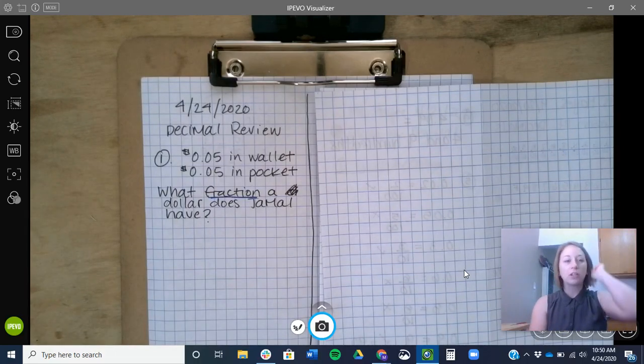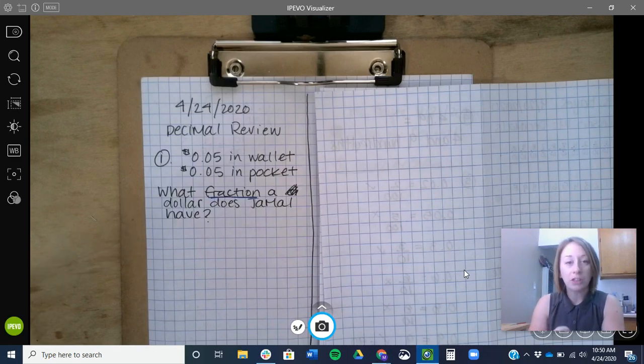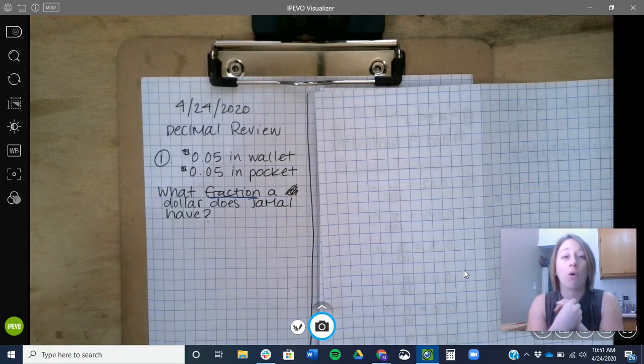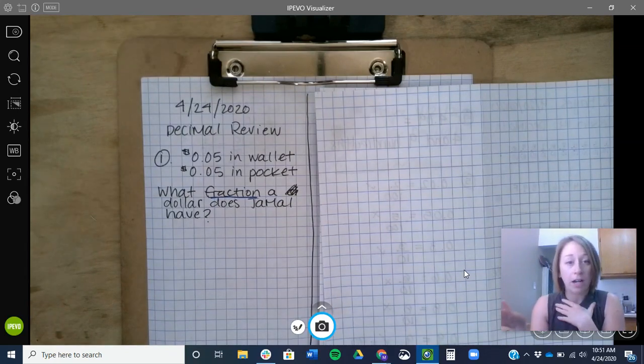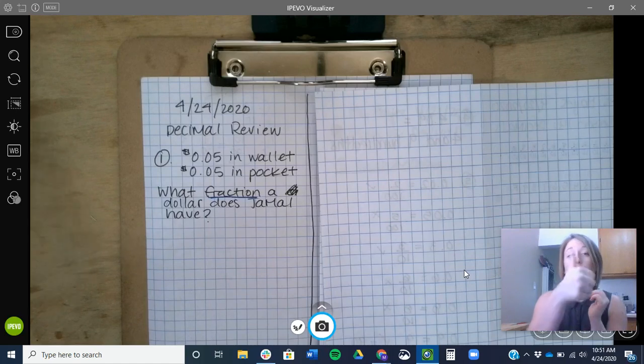Now, let's talk a little bit more about fractions, or more specifically, what we know about fractions. Fractions are numbers. That's right, numbers. And they're numbers that usually have a value of less than 1 whole. However, there are fractions that we have seen throughout the school year, such as improper fractions and mixed numbers that show values that are greater than 1 whole.